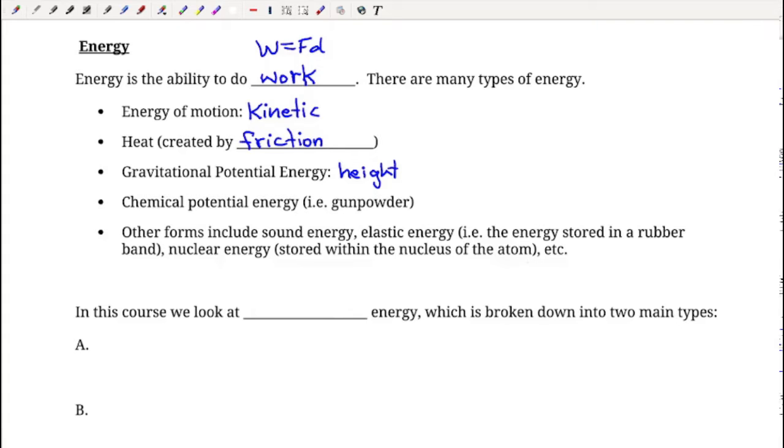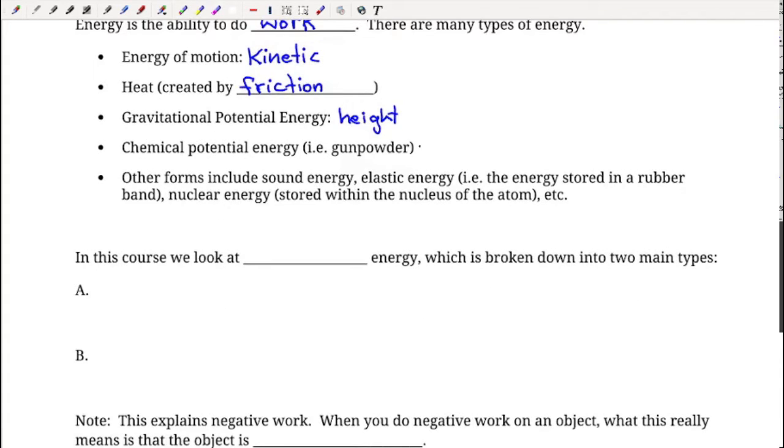And in this course, we are going to focus in on what we call mechanical energy. And mechanical energy comes from 2 main types, and that is kinetic energy due to motion, and it is gravitational potential energy due to an object's height.